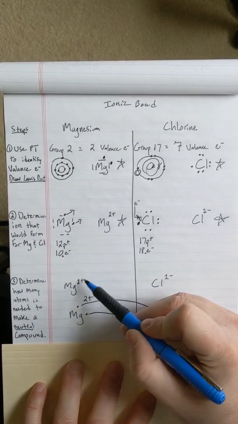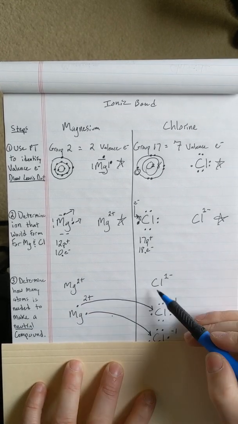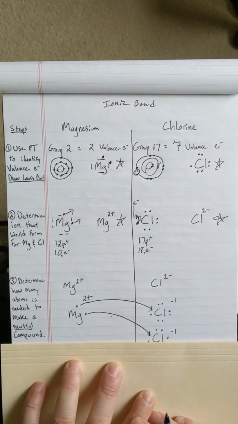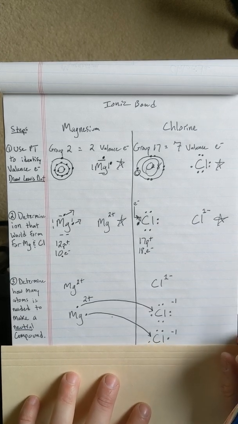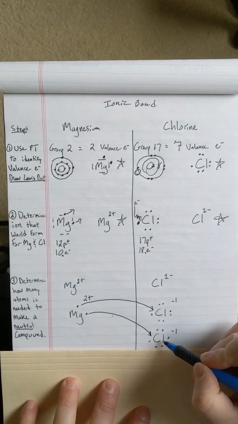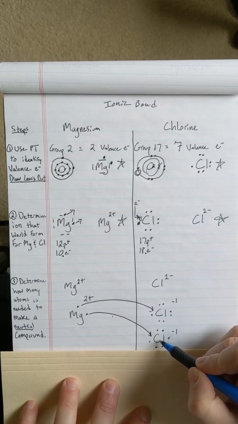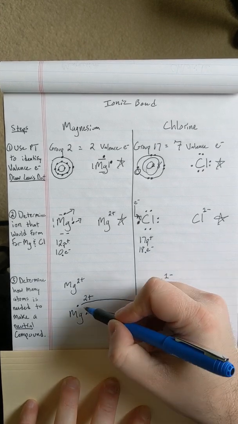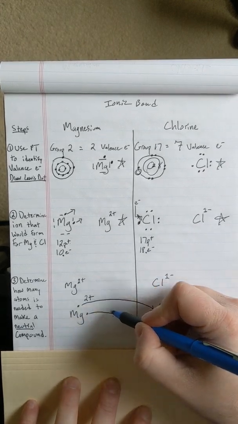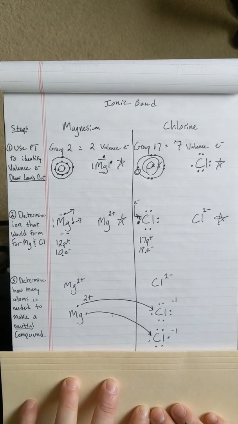So if magnesium has a 2+ charge and chlorine has a 1- charge, what that means is that we have two separate chlorine atoms, each with a -1 charge, because they're -1 because they took the electron from magnesium.